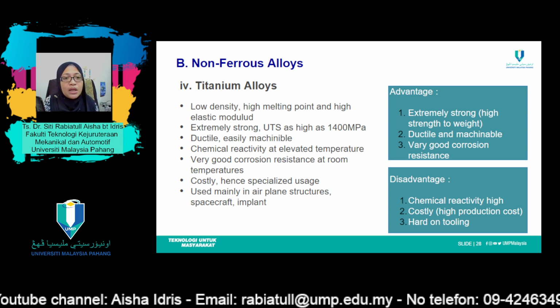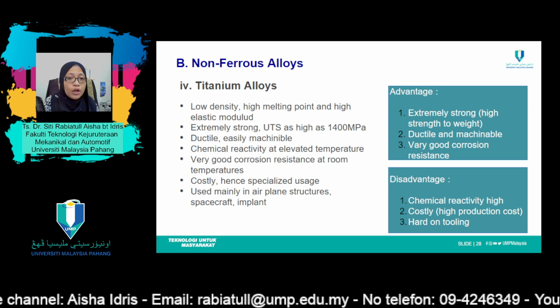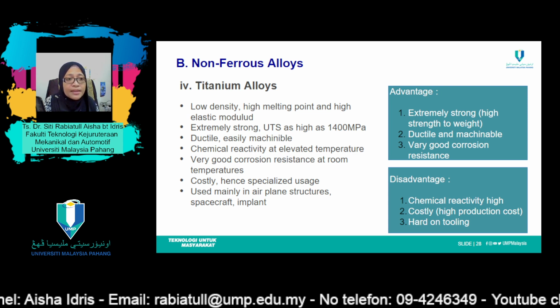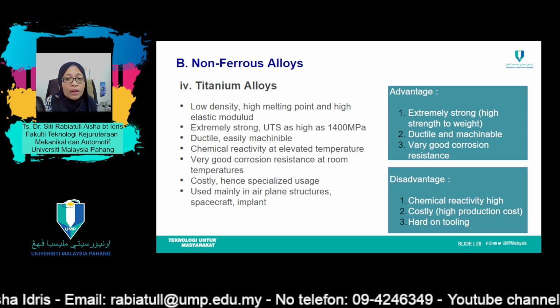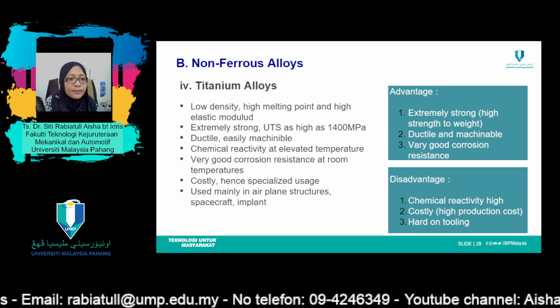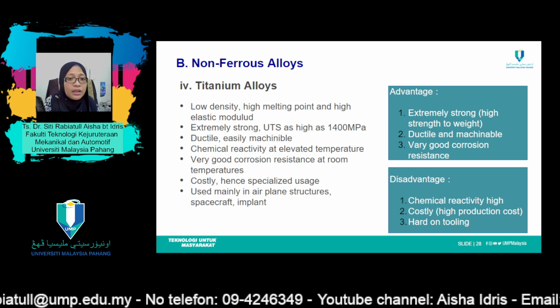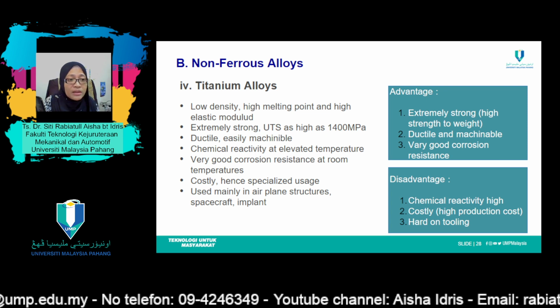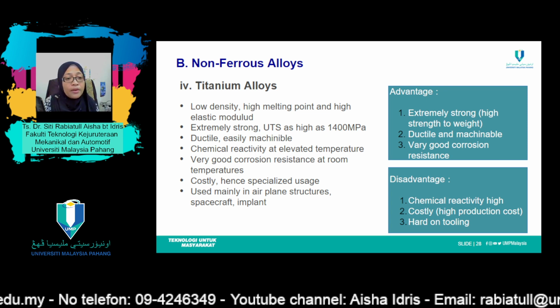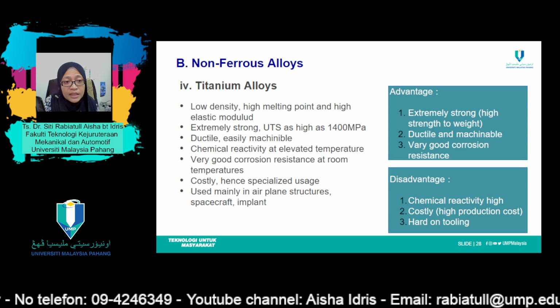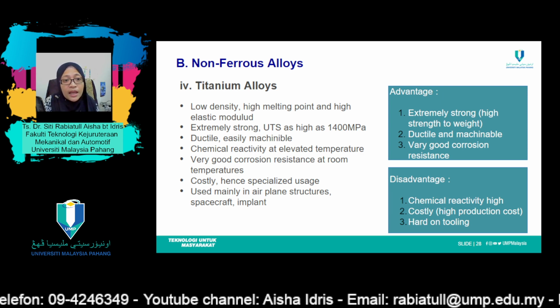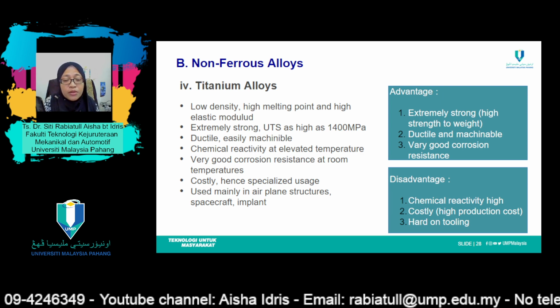The titanium alloys are extremely strong. Room temperature tensile strength can be as high as 1,400 megapascal. They are attainable, yielding remarkably specific strengths. Furthermore, the alloys have high ductility and are easily forged and machined.